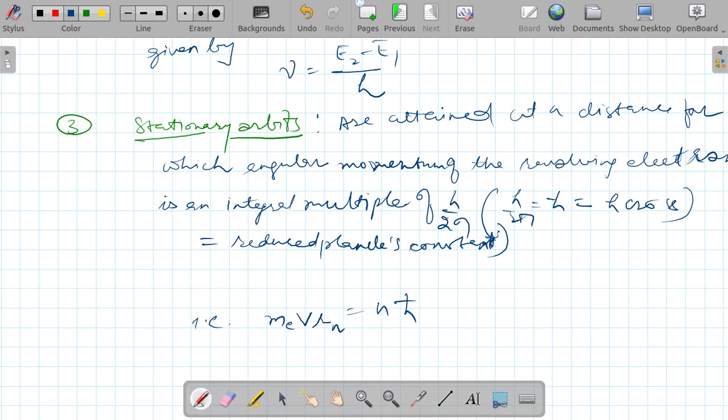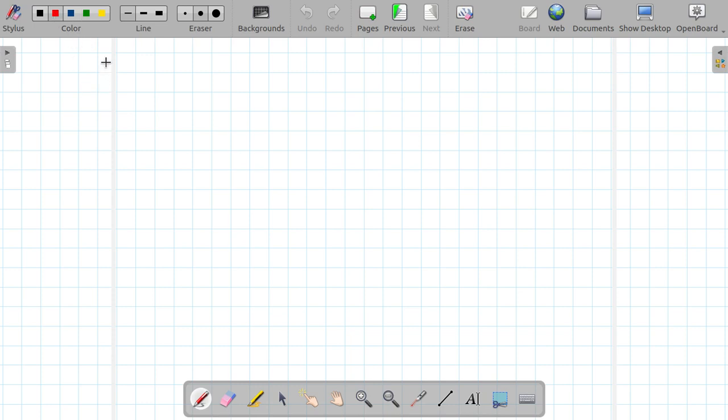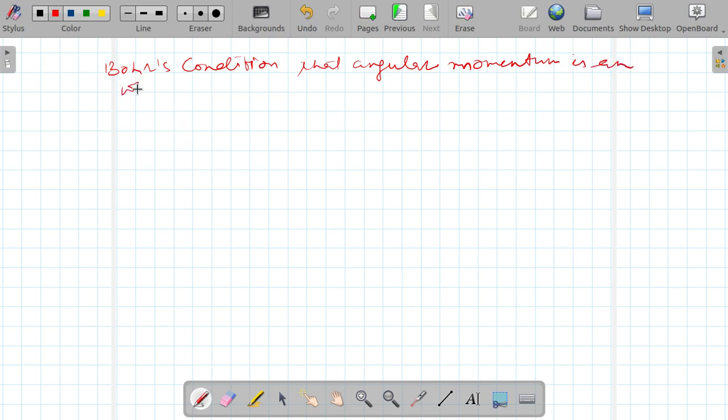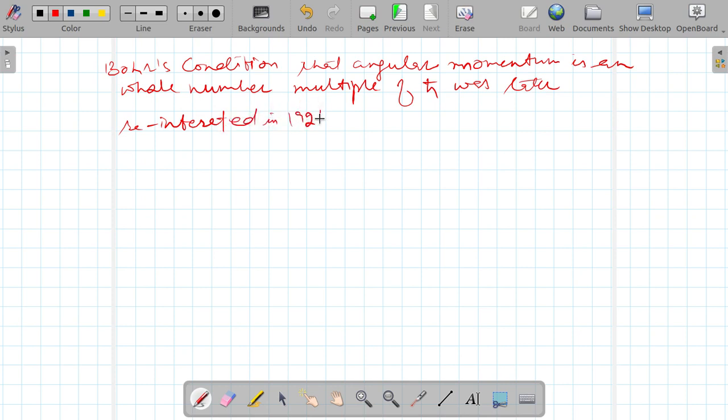And this idea of Bohr's condition, that angular momentum is a whole number multiple of h cross, was later reinterpreted in 1924 by de Broglie as a standing wave condition.